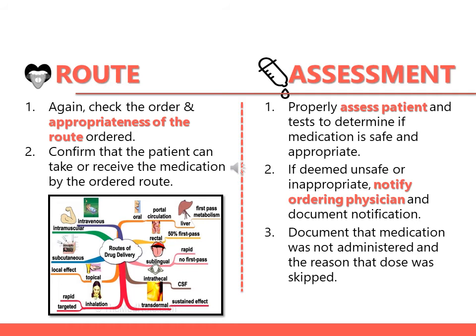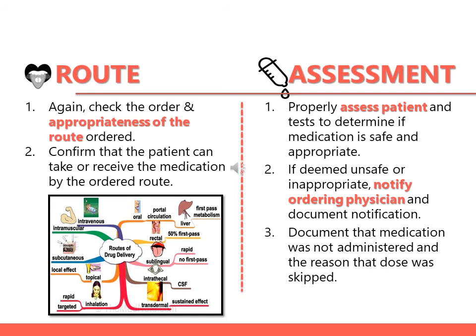Remember, there are several routes. There are several ways on how you can give the medication to the patient. It could be through the mouth, through the skin, through the bloodstream. It could be inhalation, it could be a patch, or it could be under the tongue.